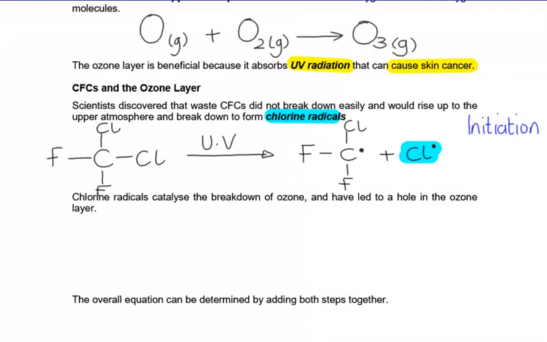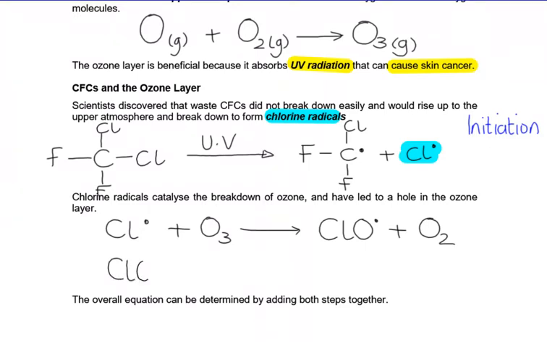So those chlorine radicals go on to react with an ozone molecule and catalyse the breakdown. The chlorine radical reacts with the ozone molecule and grabs an oxygen atom and leaves us with an oxygen molecule. So a molecule plus a radical makes a molecule and a radical. The radical then moves forward to the next step, reacts with another ozone molecule, because that's what we've got in our ozone layer, just ozone molecules, and we're getting our chlorine radical back.